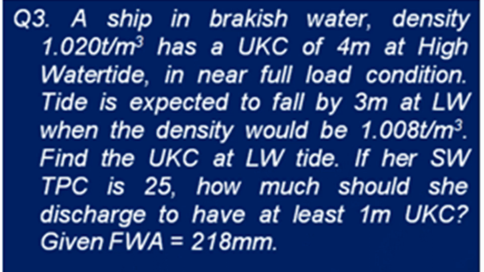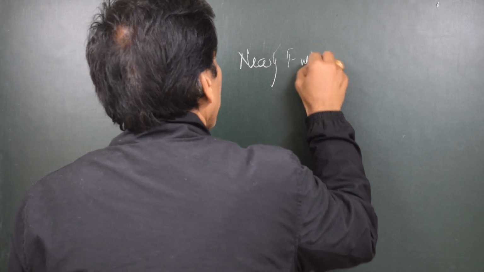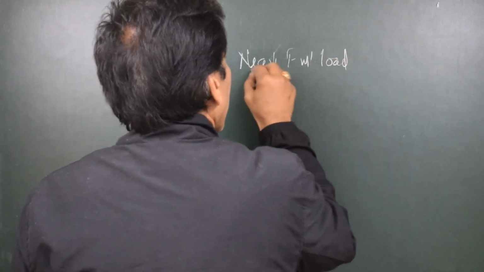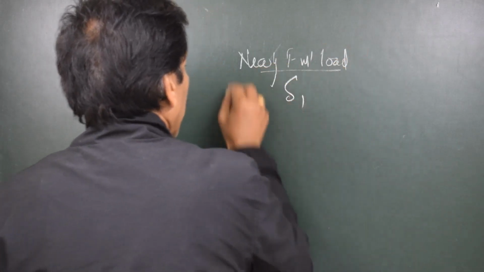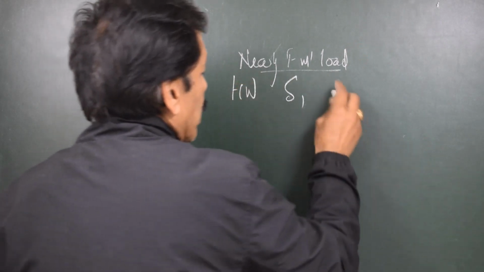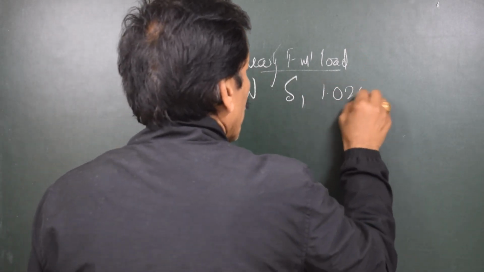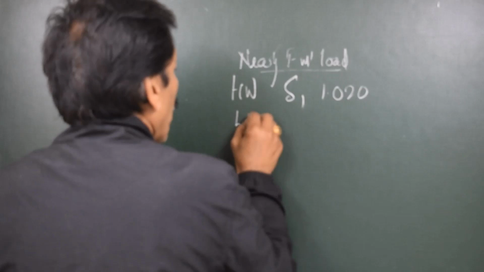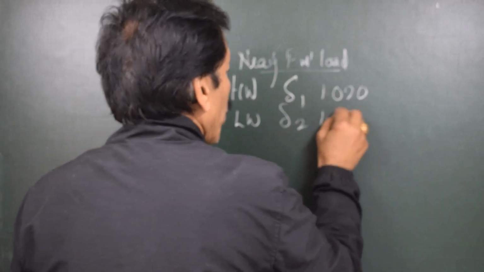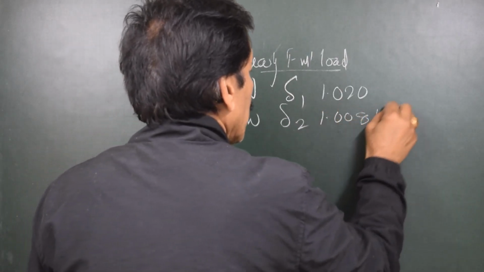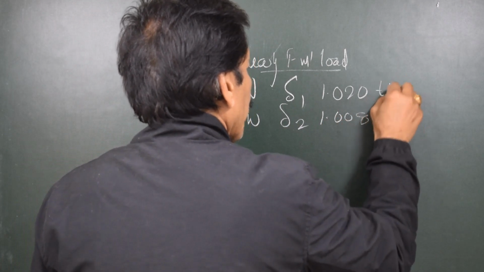So, let's put down the data. The vessel is nearly full load. The density at high water is 1.020, and at low water the density is 1.008 tons per meter cube.